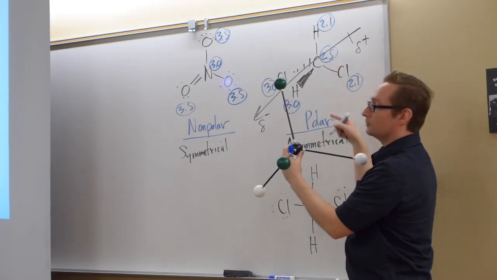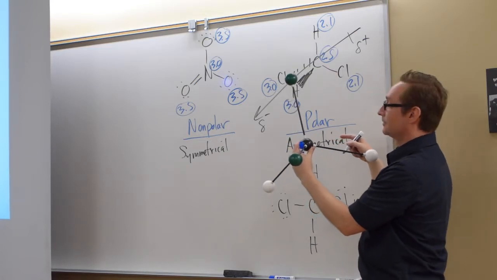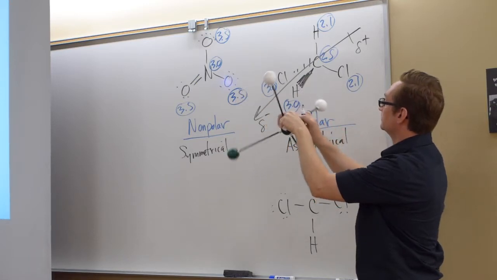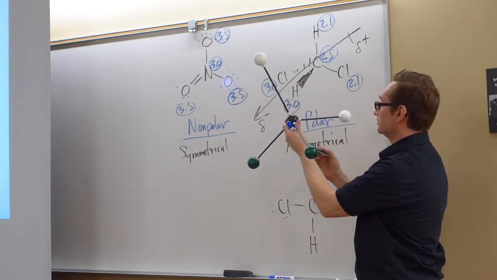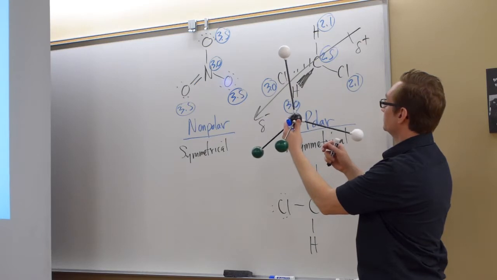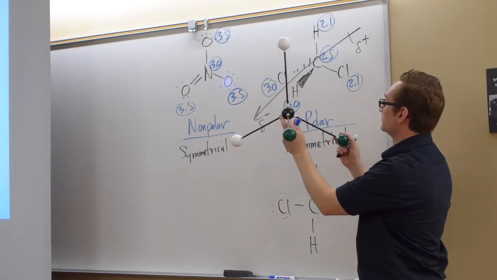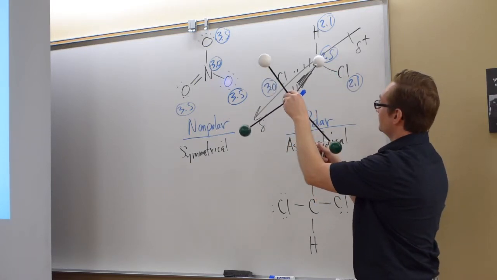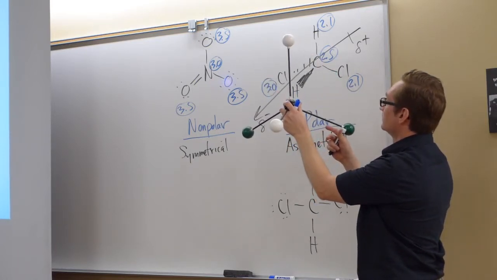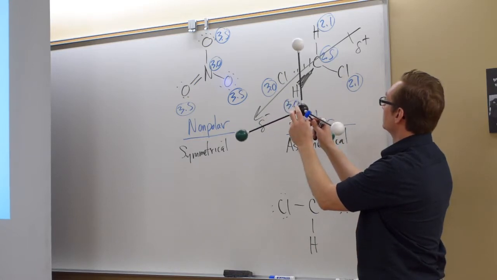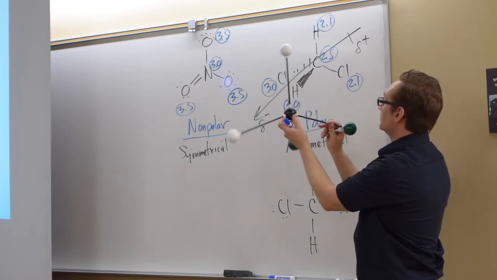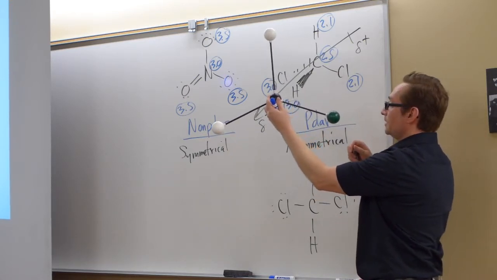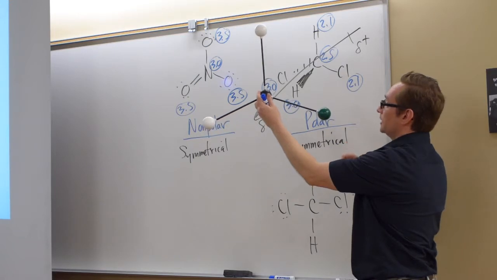And the arrow would be pointing which way then? Here it is. So it would have been like this. Which way would the dipole moment point now?